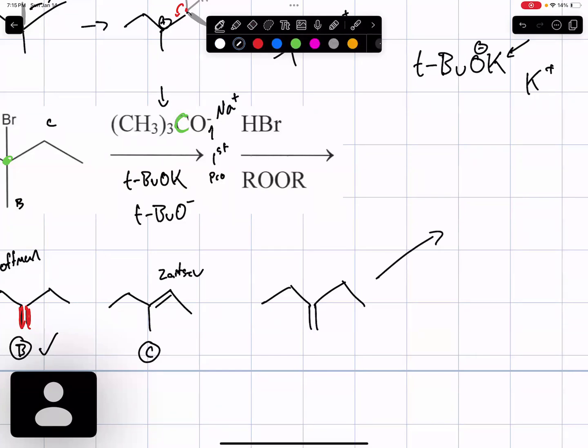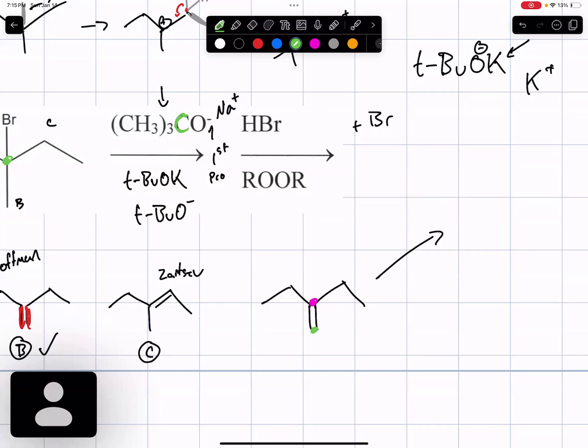Does anybody know what HBr and ROOR do? It destroys the double bond and then bonds the Br to it. Yeah, so it adds Br, okay? We've established that. But where does it add? Does it add to the carbon in pink, or does it add to the carbon in green? The carbon in pink.